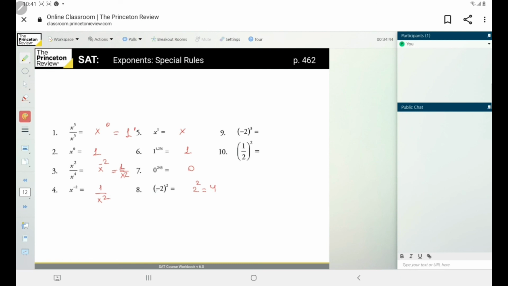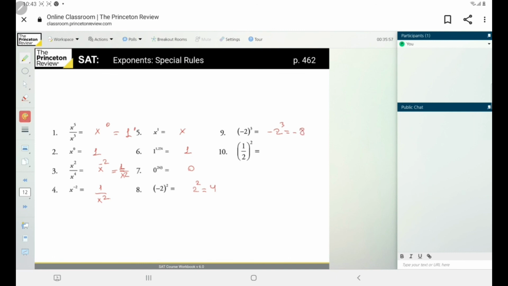Any negative number raised to an even exponent is always positive. But for the next example, you see a negative number raised to an odd exponent, so the result must be negative. So we write negative 2 cubed. This gives us negative 8.